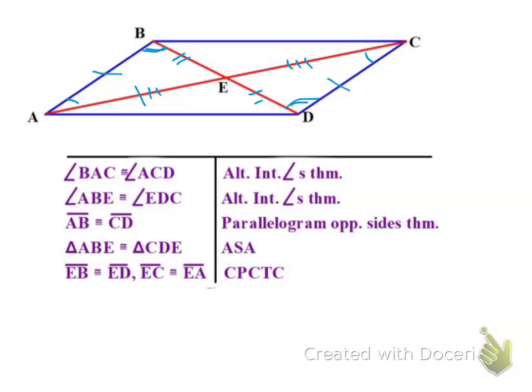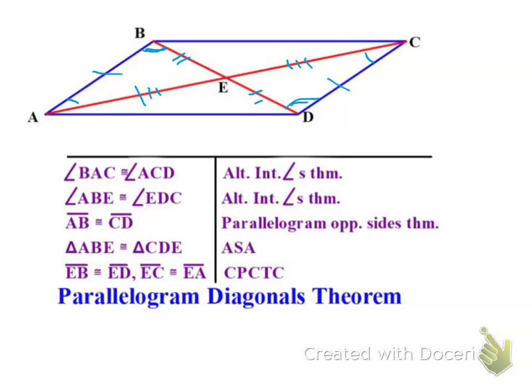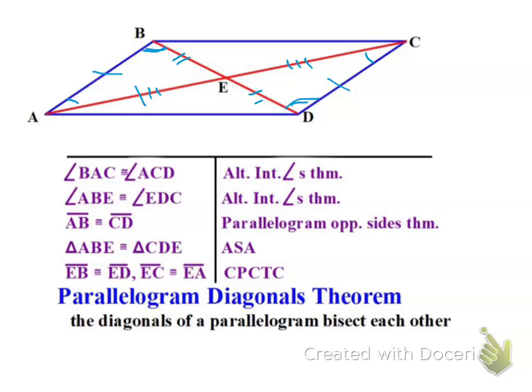So looking at this, what this means is that the midpoint there, E, in the intersection, bisects both of those diagonals. And this is the parallelogram diagonals theorem. What that says is the diagonals of a parallelogram bisect each other.